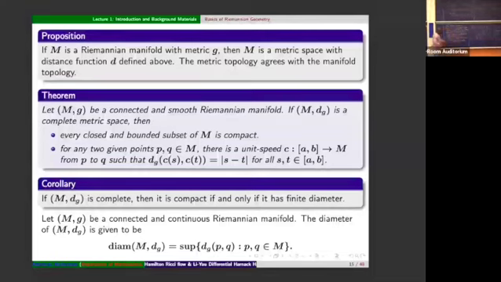Well, I've not mentioned geodesics, but let's just keep it: geodesic completeness is equivalent to the second statement that I have here.